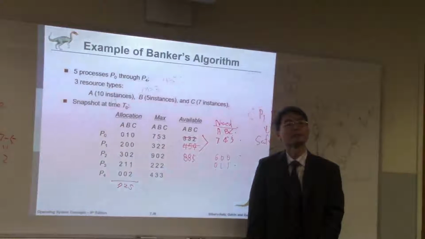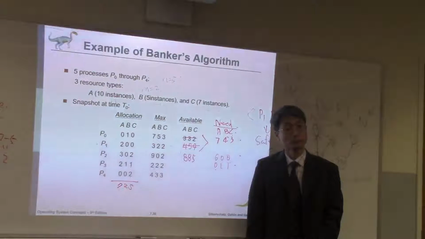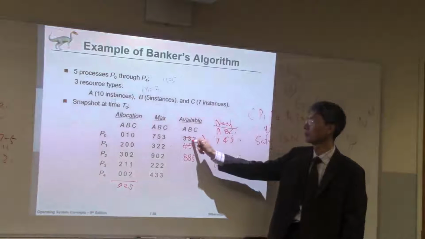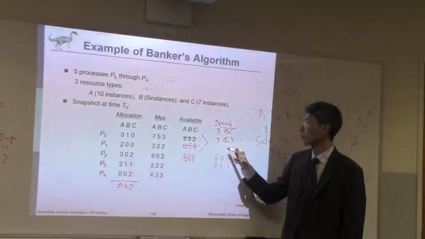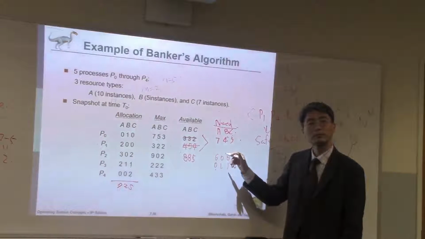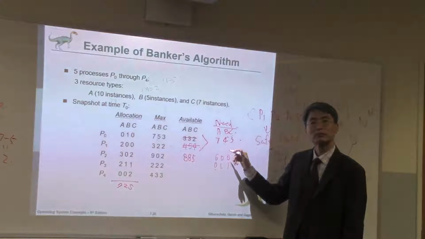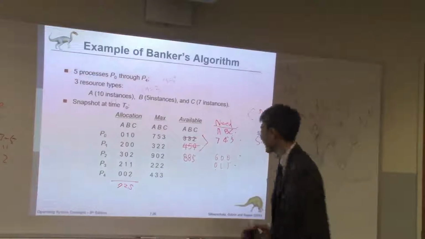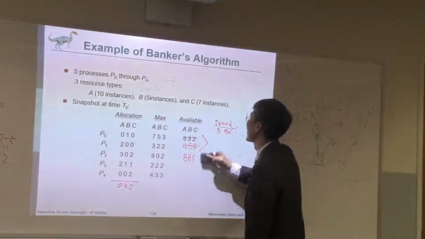Yeah. So when we count the available, if we release, for example, process 1, the available should add the... Oh, I see. It's my mistake.